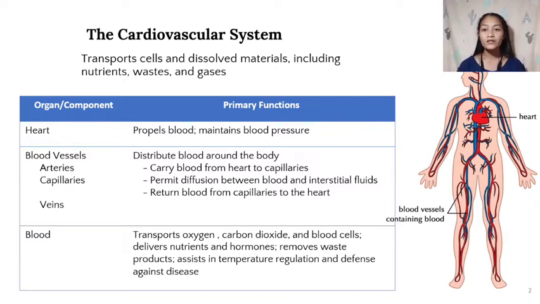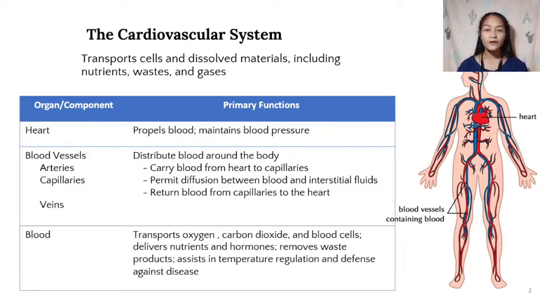So we have here the three main organs or components and their primary functions. First, we have the heart. Basically speaking, the heart propels blood and maintains blood pressure in the body. We will be discussing deeper about the heart later on.